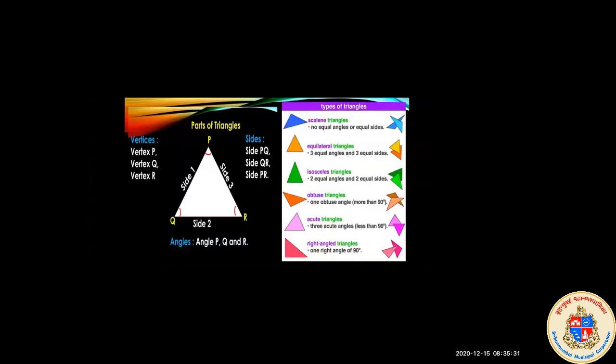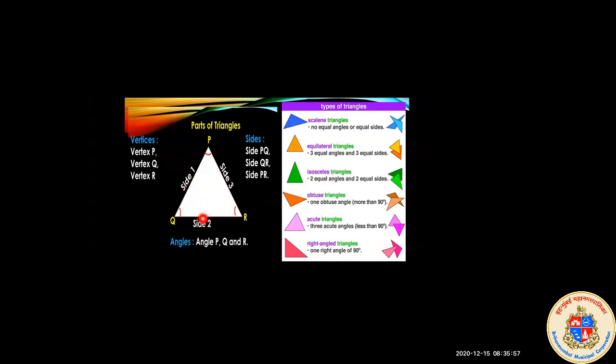Now students, we will do the revision of what we studied from yesterday till now. We studied parts of triangles, their vertices, sides and angles. So vertices: vertex P, vertex Q and vertex R. And in sides, there are three sides.